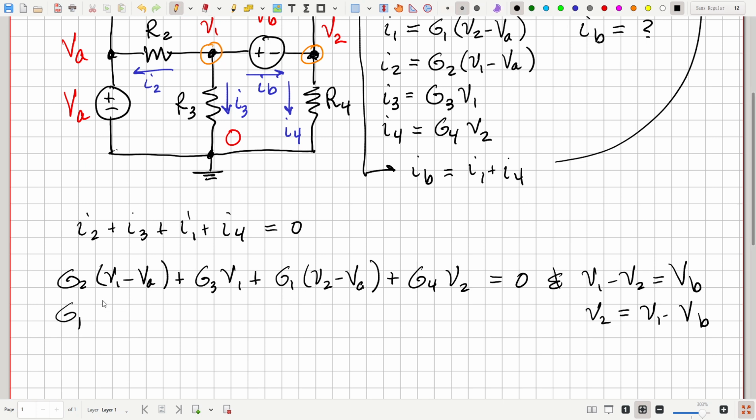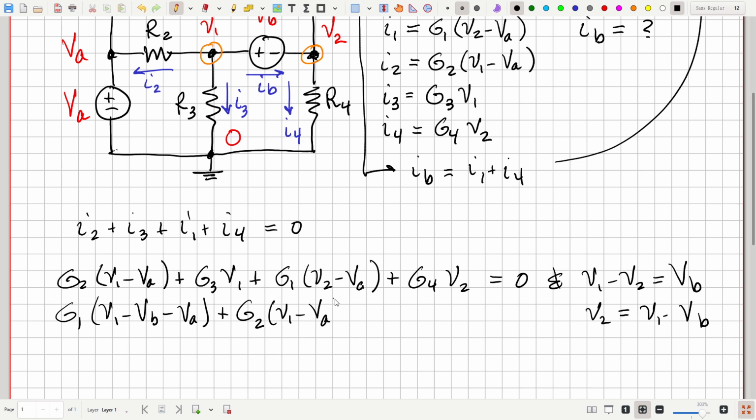Let's put the G1 over here. G1 times V2, which is V1 minus VB, so that's G1 times (V1 minus VB minus VA). Okay, plus G2 times (V1 minus VA).